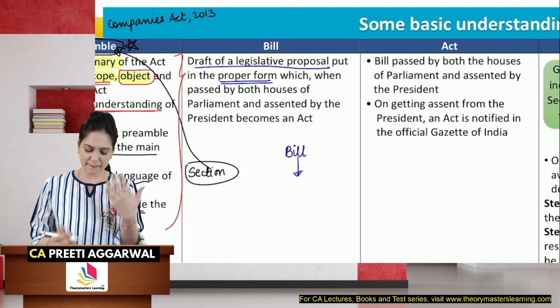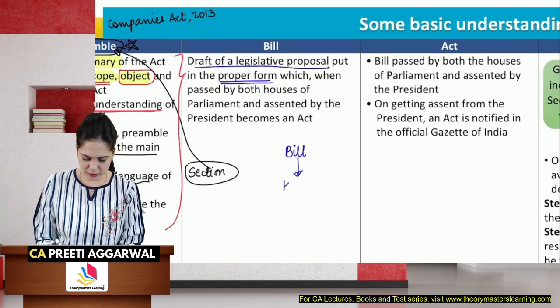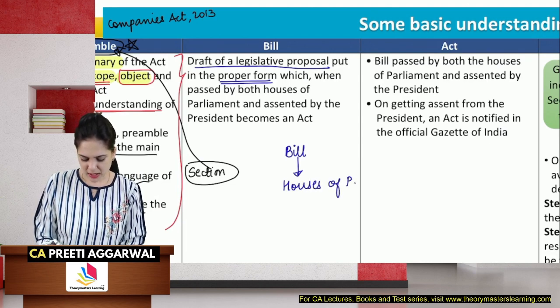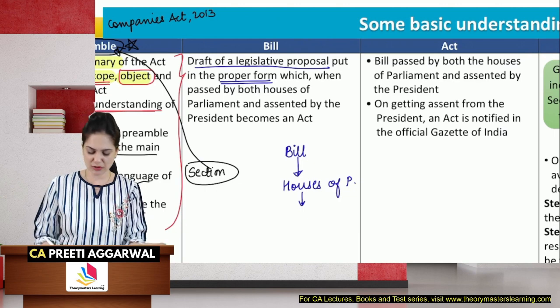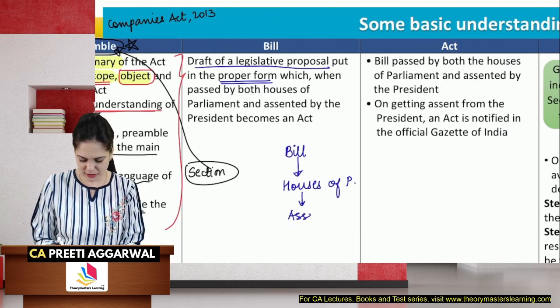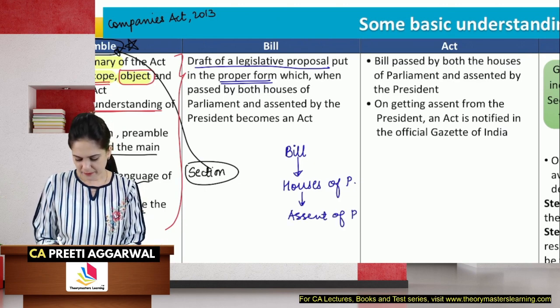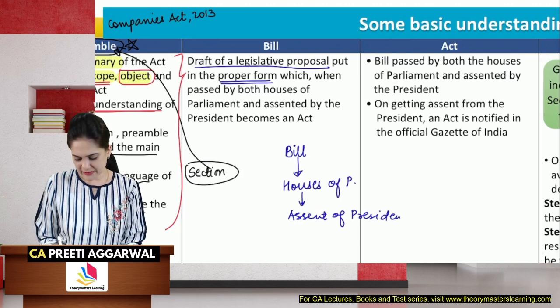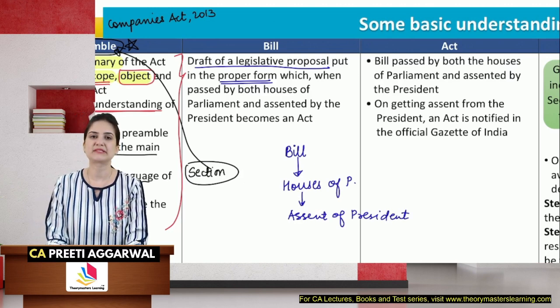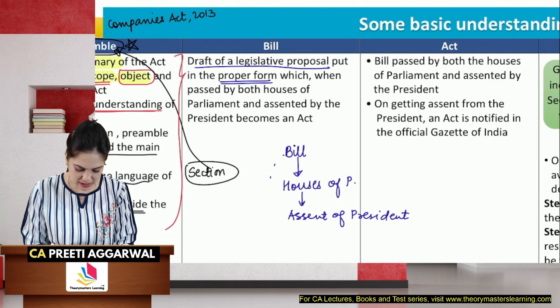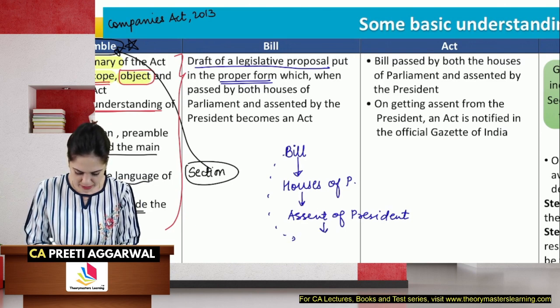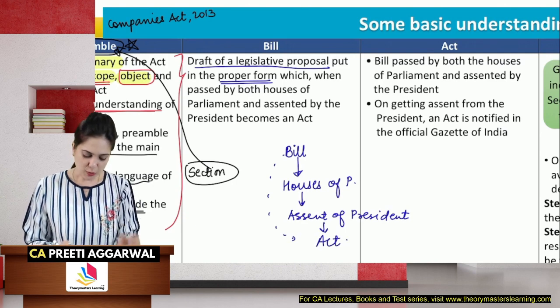It will be passed by both the houses of parliament, the Lok Sabha and the Rajya Sabha. Once it is passed by both the houses of parliament, then it will receive the assent of the president, and once the president gives his approval, then this bill will now become an act. So what is a bill?